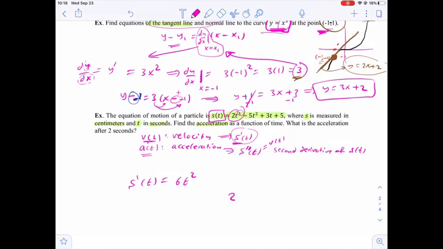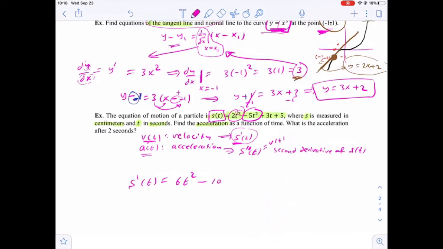We bring 3 down here, so we have 2 times 3t to the power 3 minus 1, and that's 6t squared. Then we differentiate the second term. We have negative 5t squared. This is a constant, so we just write it here. And what is the derivative of t squared? We bring the power down and subtract 1 from the power, and we get 5 times 2, 10t.